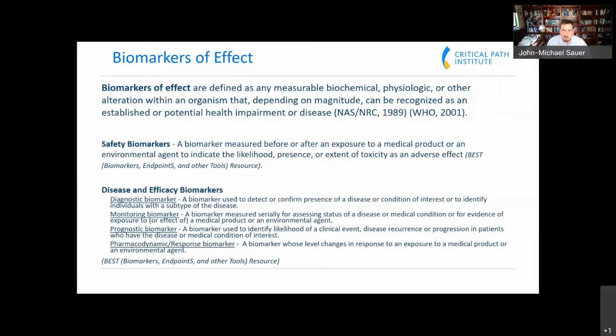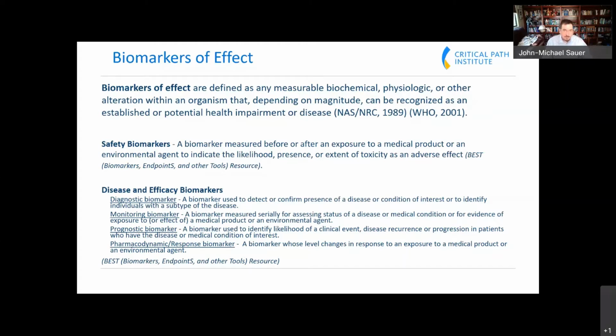It's defined as any measurable biochemical, physiological, or other alteration within an organism, depending on the magnitude, that can be recognized as an established or potential health impairment or disease. And I put the references of where this came from in the 1980s and in the early 2000s.